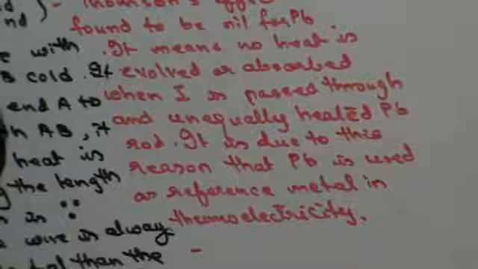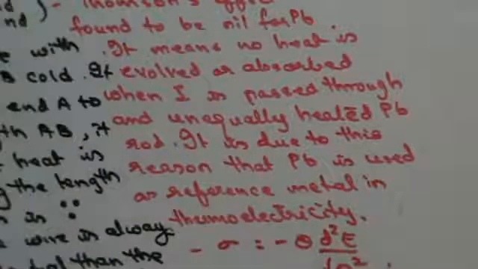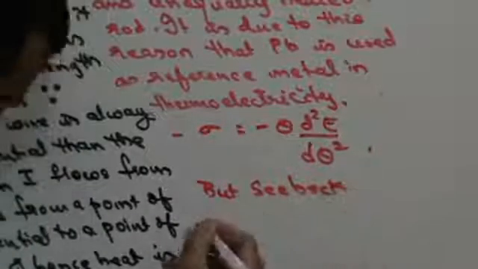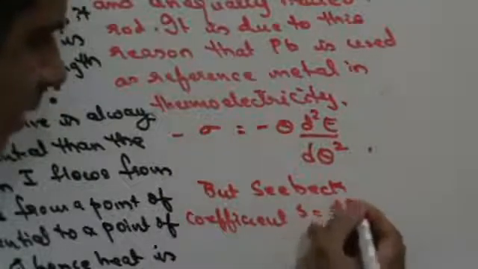Now, let's consider this. It can be proved that Thomson's coefficient of the material of the conductor, sigma, is minus theta d square E upon d theta square. Now we know that Seebeck's coefficient S is nothing but dE by d theta.